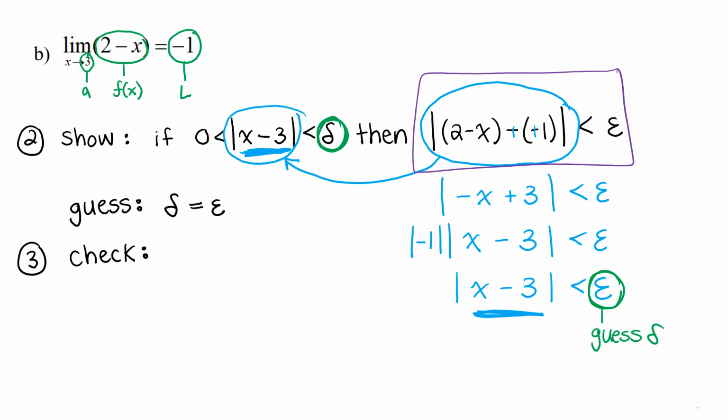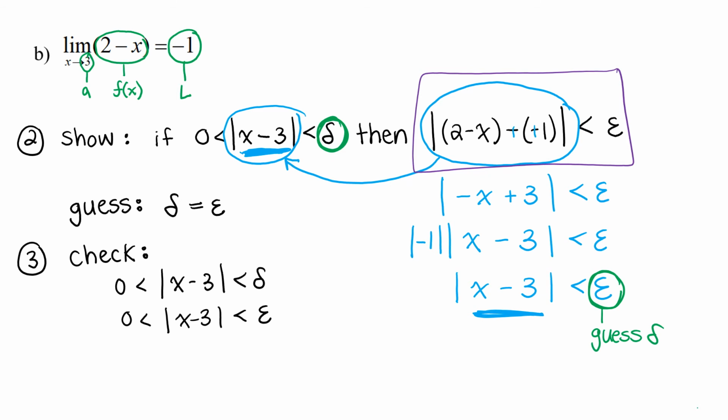So let's go through this if-then statement. If 0 is less than the absolute value of x minus 3 is less than delta, and we're trying to say that delta is equal to epsilon, so we can substitute that epsilon in, then this other relationship is true.